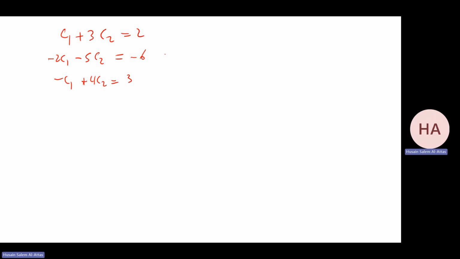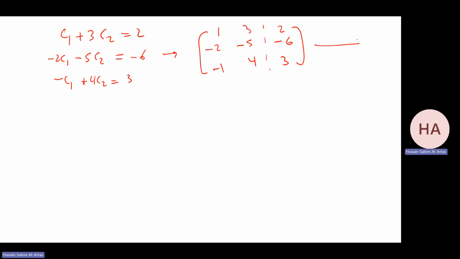I will transfer it into an augmented matrix. I have 1, 3, then the right-hand side, 2. Minus 2, minus 5, minus 6. Minus 1, 4, 3.